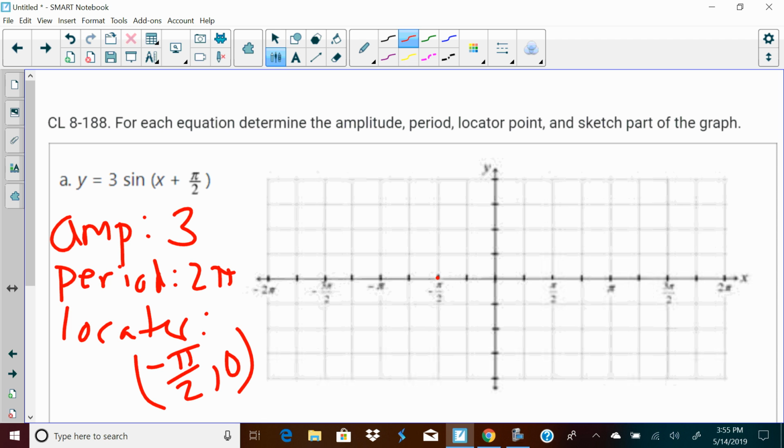There's nothing being added, so I go up 3. My next point would actually be here, sorry. So one cycle would look like that.